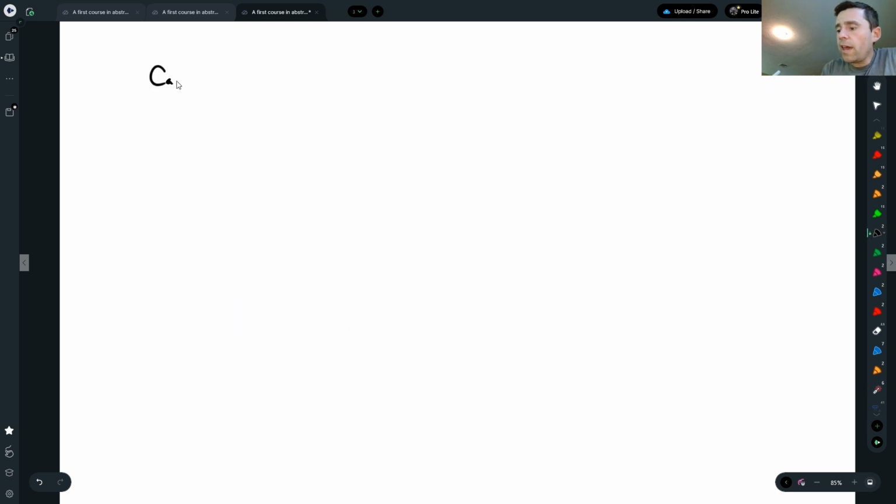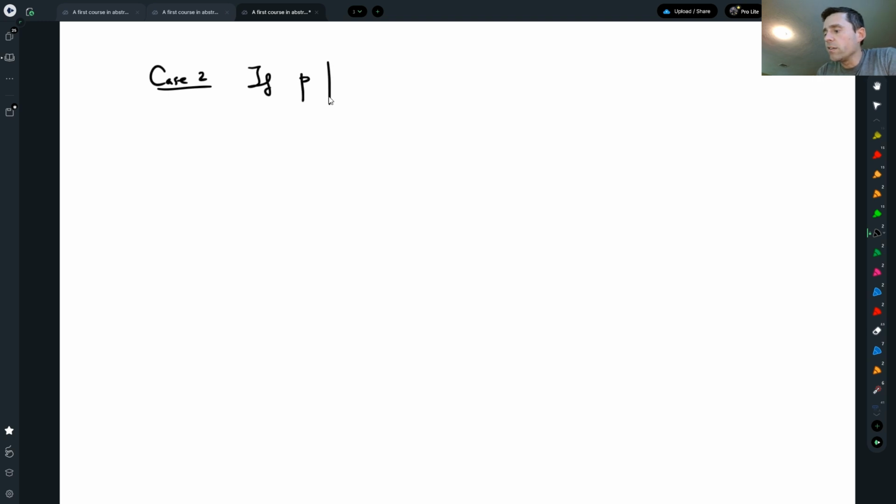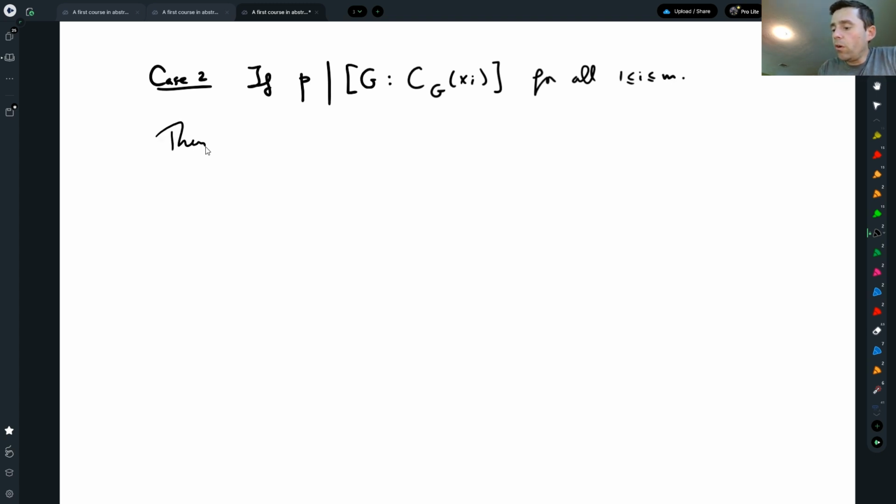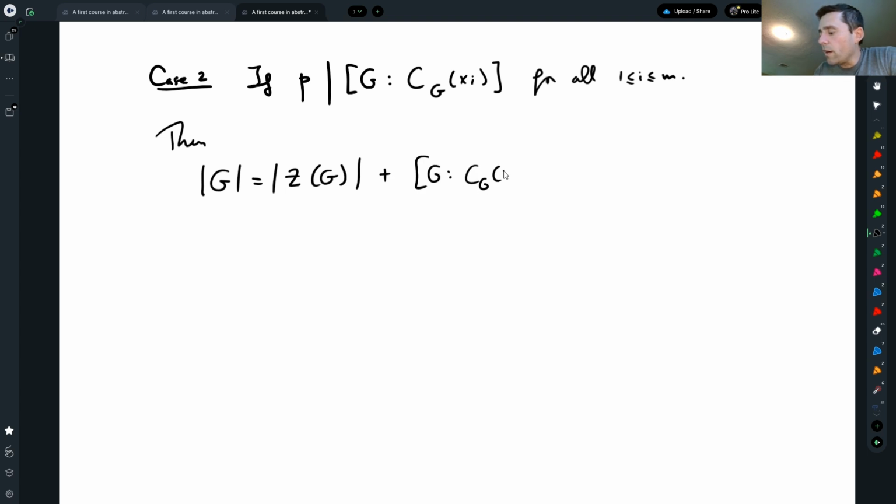So the second case is, what if p divides all the indices of the centralizers, for all i from 1 up to m? Then, well, recall the class equation tells me that the order of G was the sum of the order of the center and all the indices.